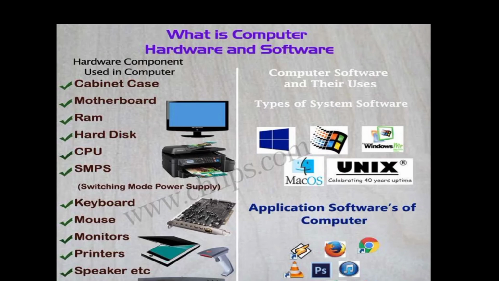Basically, computer software is the set of instructions that can be categorized into three parts: application software, system software, and utility software. Hope you all are clear with the difference between hardware and software.